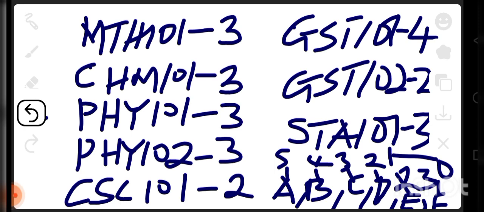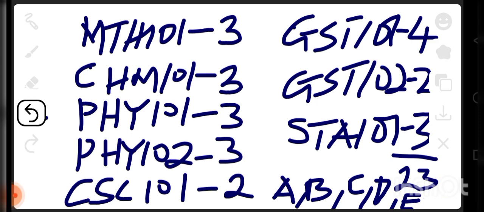Take note of all these points, also very important. Let's assume you were in first semester in a school and you offered these following courses, and you had the following grades, so that we know what we are doing.